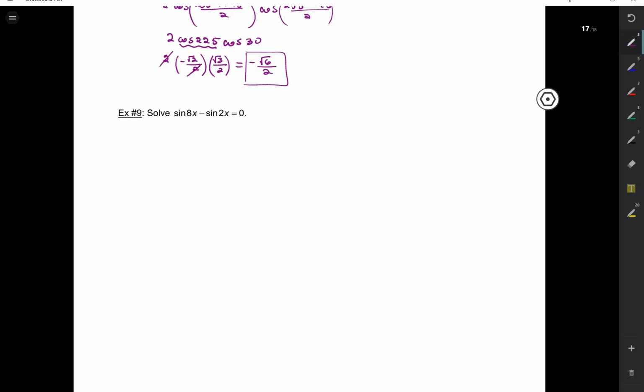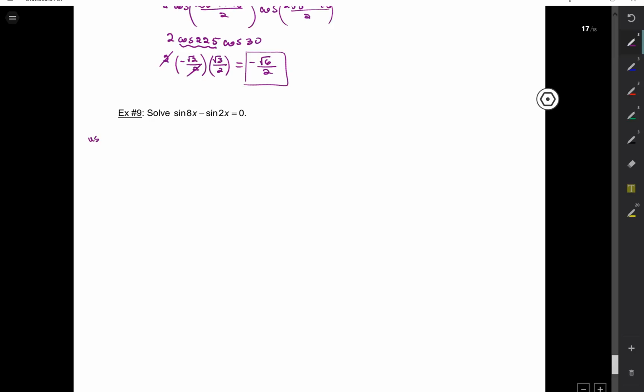So why would I need this? Because if I had an equation like this, where I have sine of an angle minus sine of another angle, well, now I need to use an identity. Which identity can I use for this one? Number 2. So tell me what that gives me then. 2 times what? 2 times cosine what?